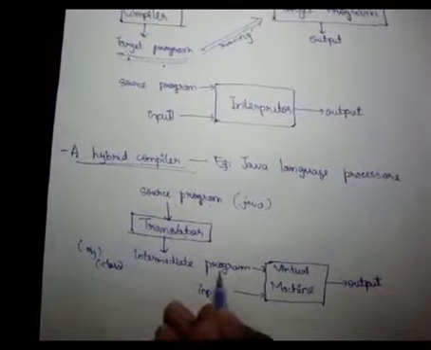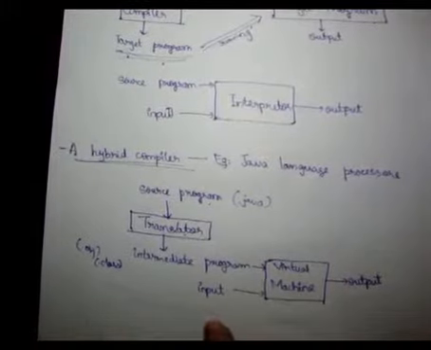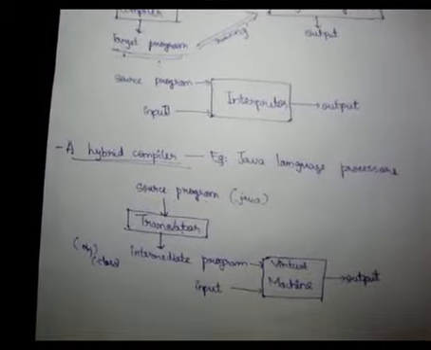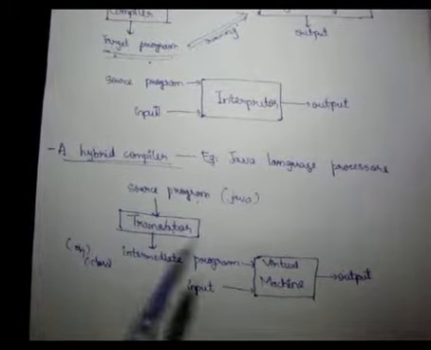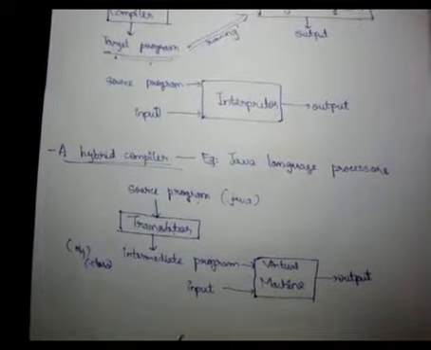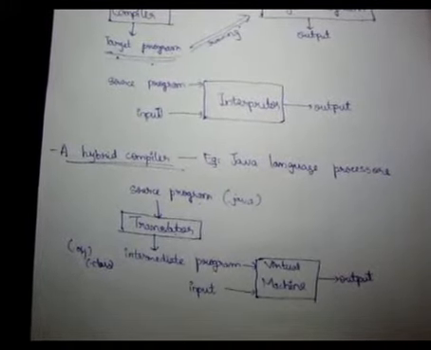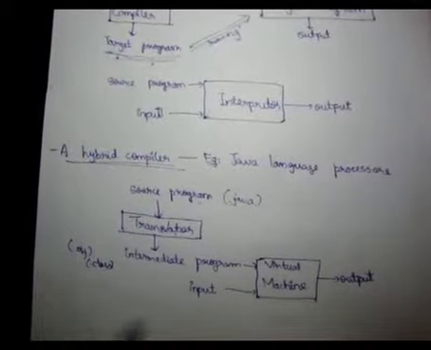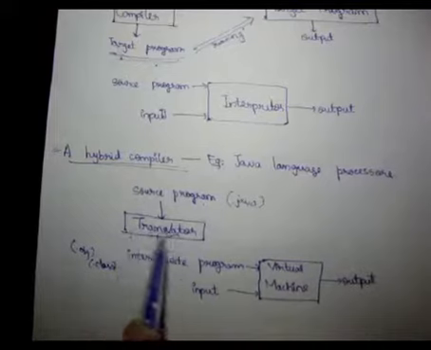So what happens here, we get some byte codes. These byte codes, when given as input to the Java virtual machine, give us the required output. This is what happens in a hybrid compiler. This is the structure of a hybrid compiler. The source program is given to the translator.